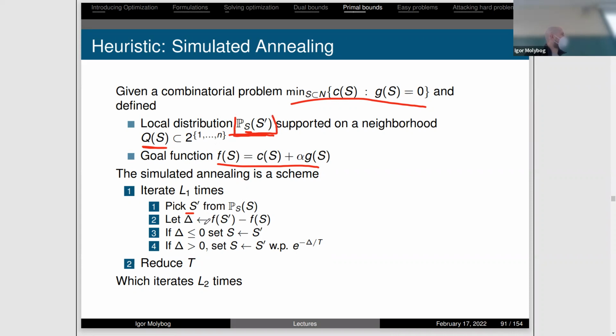We are considering the difference between the value of the goal function on the new point S dash, and its difference from the value of the goal function on the previous solution S. And if our new solution is in fact better than the previous one, we just switch.